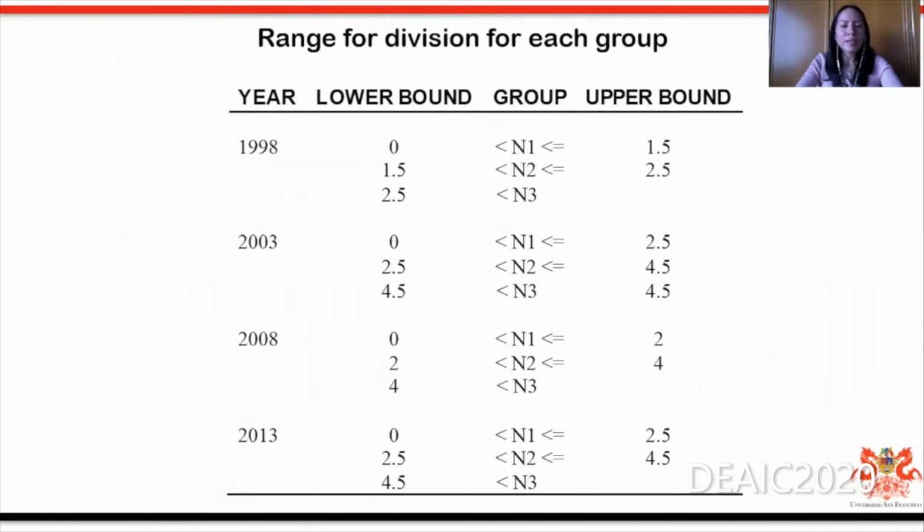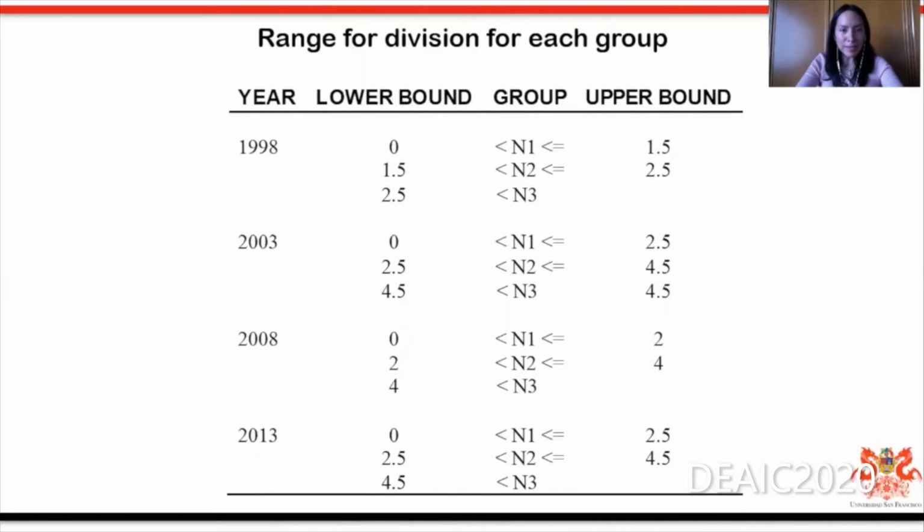I would like to demonstrate a table in which we have divided the economic activities into groups, and we have used a terminology where, for example, we have three groups, N1, N2, N3, for the economic activities.